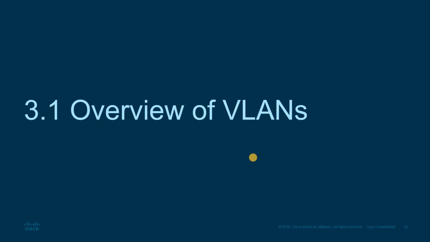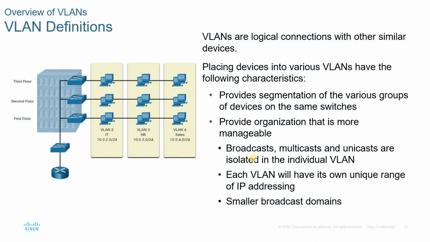So what exactly are VLANs for? Now, when you talk about VLAN definitions, if you're going to look at the topology, usually when you see a network connected on a switch, you are considering that network as one network.